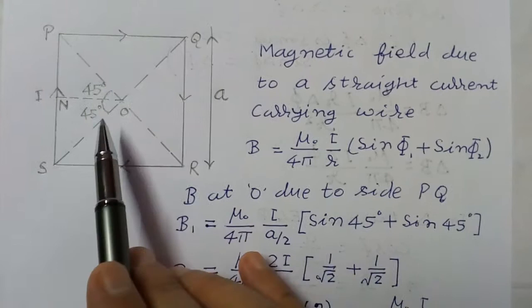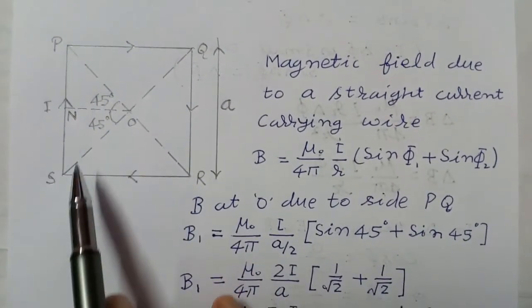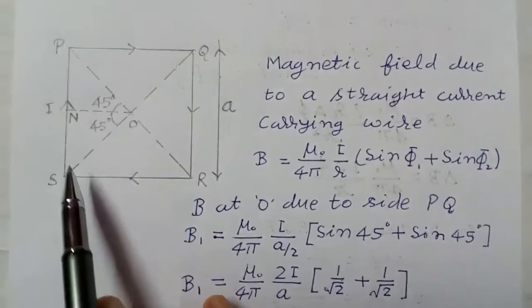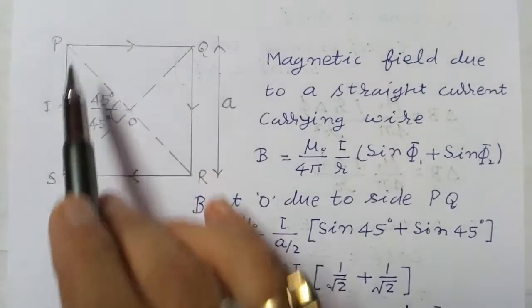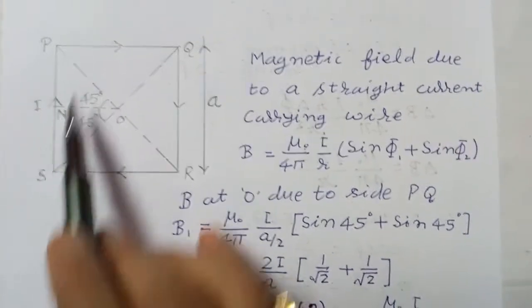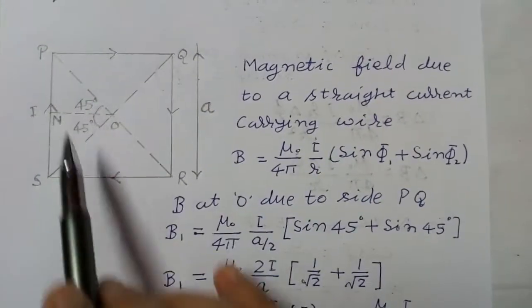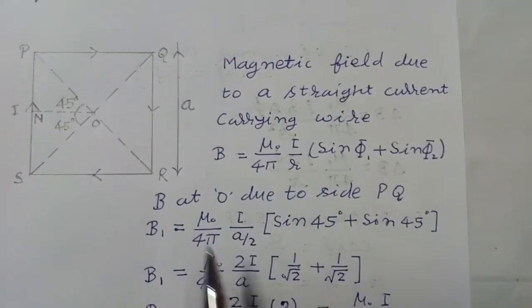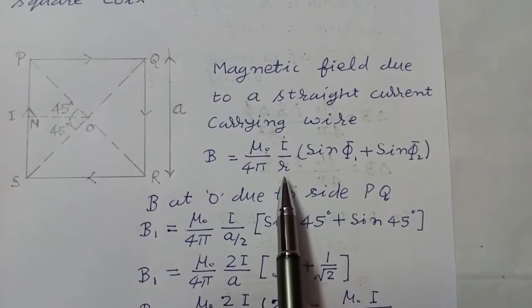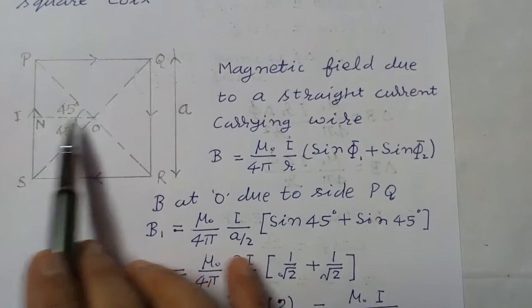So the magnetic field at O due to this current carrying wire, whose length is a and current flowing through it is I, means one side of this square shaped coil. So B1 is equal to mu naught upon 4 pi, I upon the distance R, right, a upon 2.